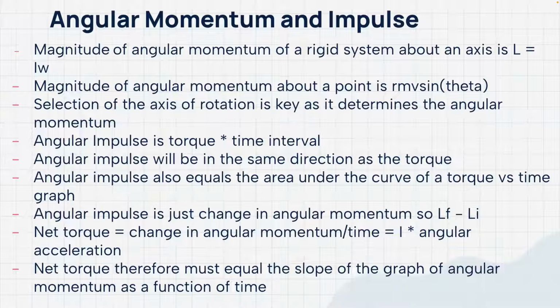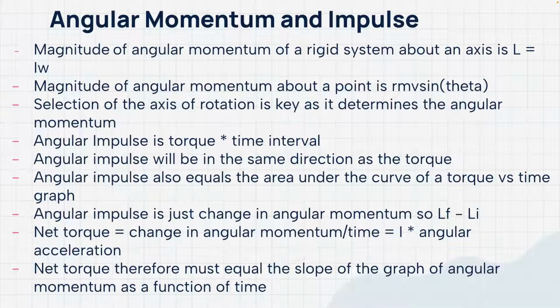The selection of the axis of rotation is key as it determines the angular momentum. Angular impulse is torque times the time interval, which is analogous to normal impulse. Angular impulse will always be in the same direction as the torque, because angular impulse is the change in angular momentum and torque causes the change. Angular impulse also equals the area under the curve of a torque versus time graph.